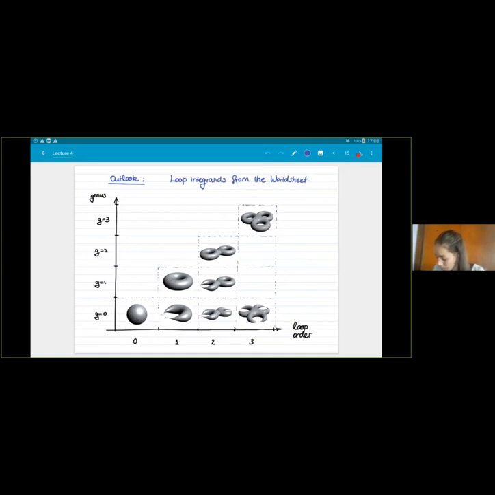What I've drawn here is, on one axis, the loop order: 0, 1, 2, 3, so this here is just tree level, and then it goes up. And on the other axis I've put the genus. Obviously the upper half here you can't fill in, because it's only well defined in the lower right triangle.